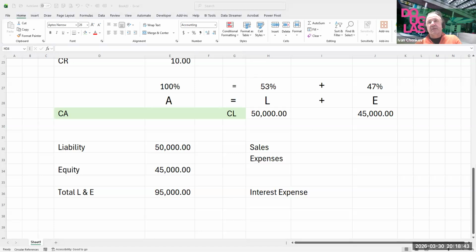Is interest expense part of the calculation of the operating income or not? That's the only thing that I want to check. Just give me a second.